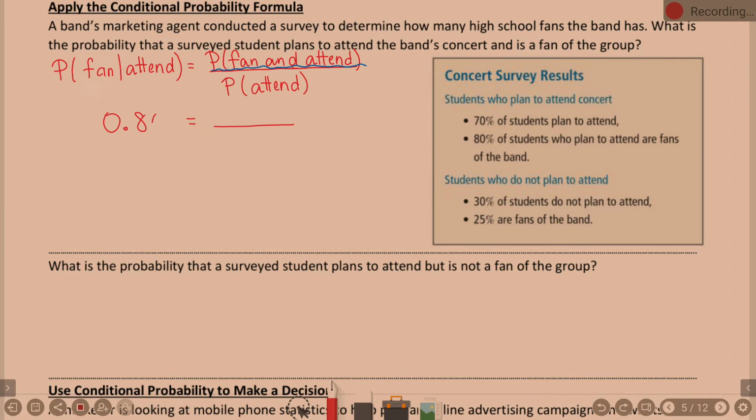So that's going to go over there. Okay, because we were provided with that information. Now, do we know the probability that a student is a fan and attending? We don't. That's what we're trying to find. So I'm just going to leave that as probability of fan and attending.